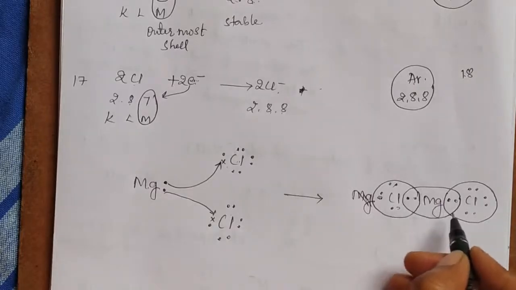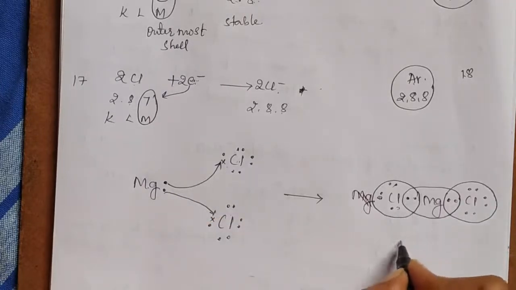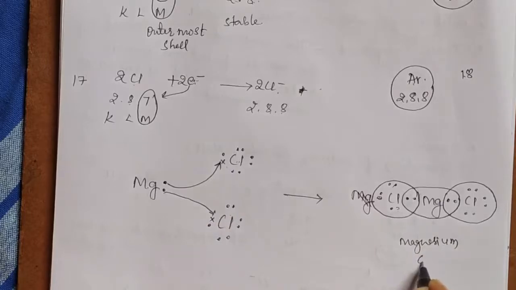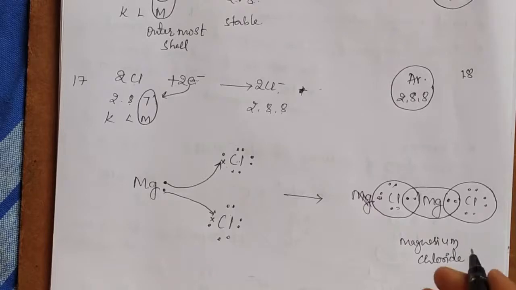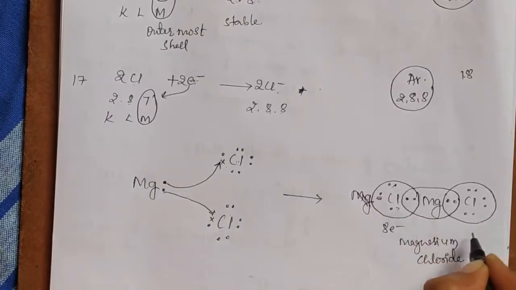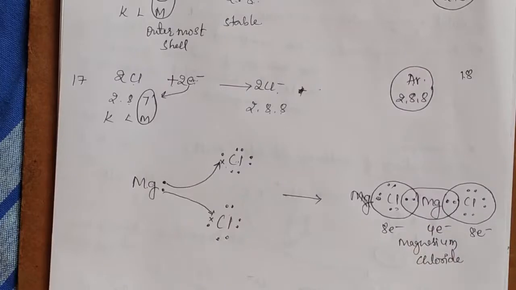Now see children, so like this is the magnesium chloride molecule. Okay, here these chlorine atoms have 8 electrons and this magnesium has 8 electrons in its new outer shell.